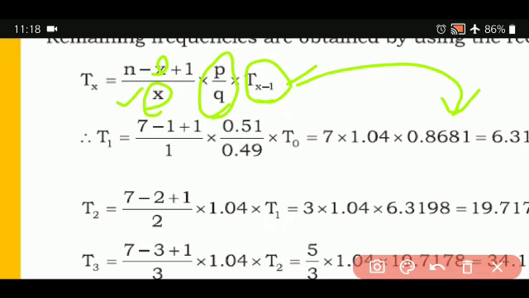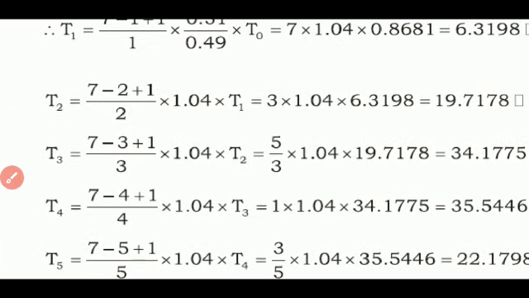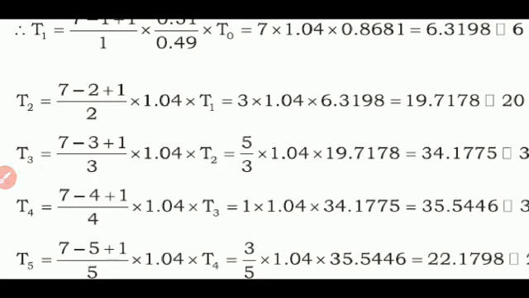So for the first term, x is equal to 1, T1: I put 1 here, n minus 1 plus 1, divided by 1, into p upon q, where p value is 0.51, q value is 0.49, into T0. Here 1 minus 1 is 0. The T0 value is already found previously, so you substitute it here and you get this value. Clear? Next, T2 is found in the same fashion.